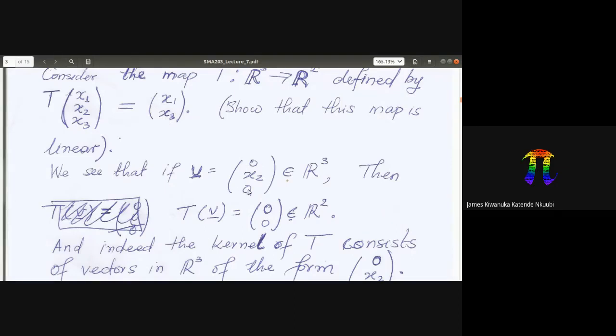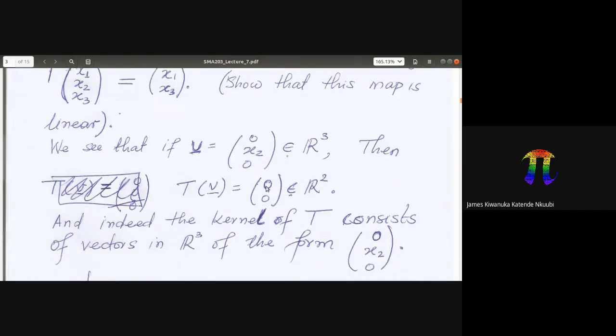So if you pick any vector of this form, then we see that such a vector will be mapped onto the 0 vector, right? Any vector in R3 where the first and the third component are 0 will always be mapped onto the 0 vector in R2.